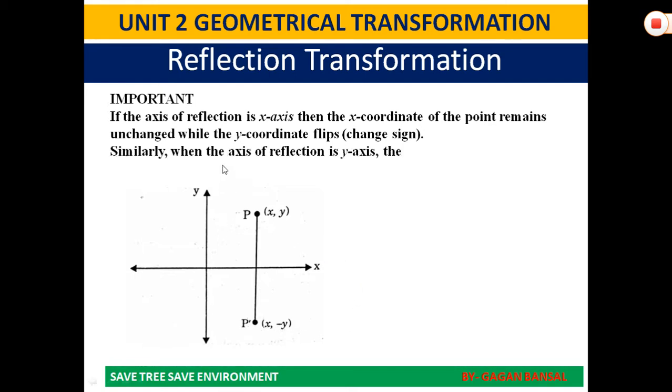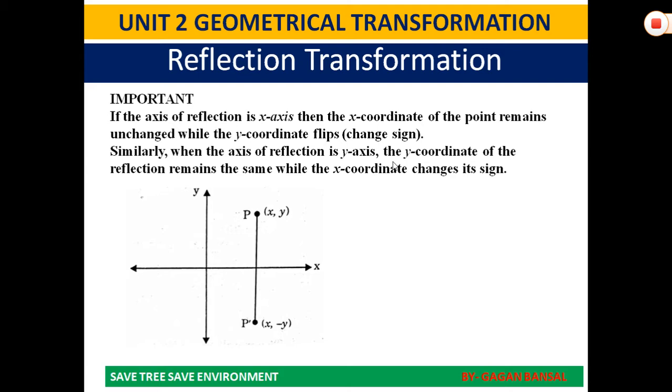Similarly, when the axis of reflection is y-axis, the y coordinate remains the same while the x coordinate changes its sign. Suppose the x-axis is the horizontal line and the y-axis is the vertical line. If it is reflecting about y-axis, the y coordinate remains the same whereas the x coordinate flips, that is, it changes sign.